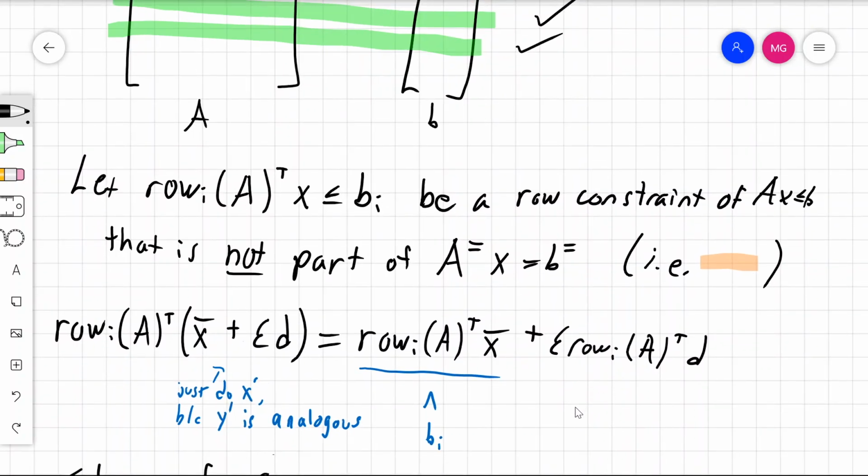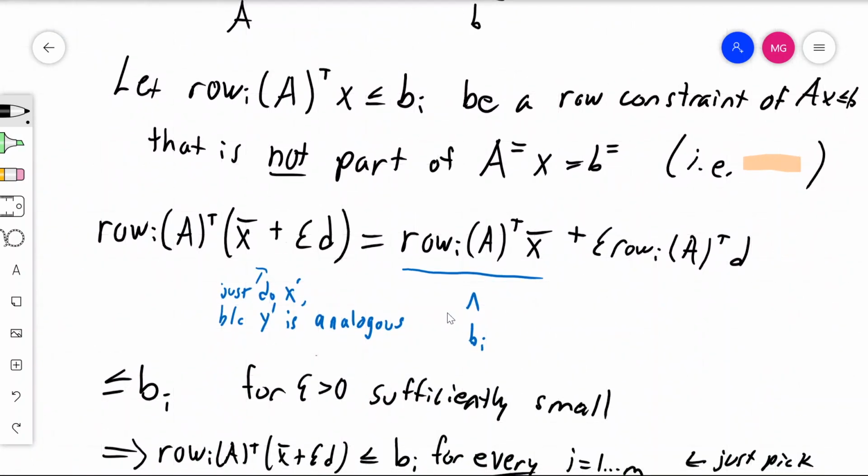So what is x prime and y prime? Let's actually just do x prime, because plus and minuses are just going to clutter the notation a bit more. It doesn't matter; y prime is exactly analogous to x prime, and the same reasoning holds. So let's just do x prime here. It's x bar plus epsilon d.